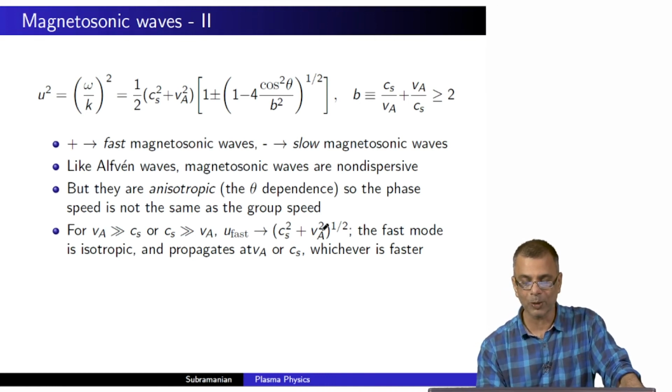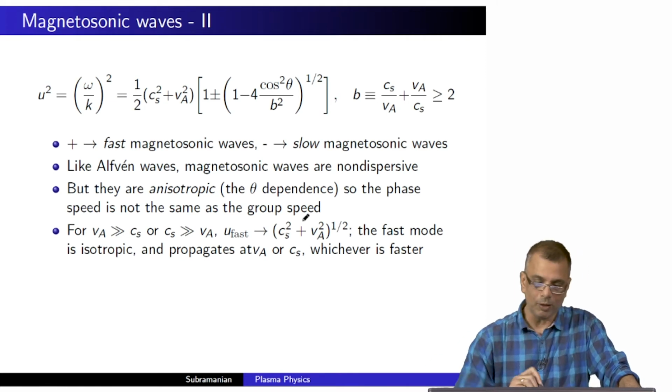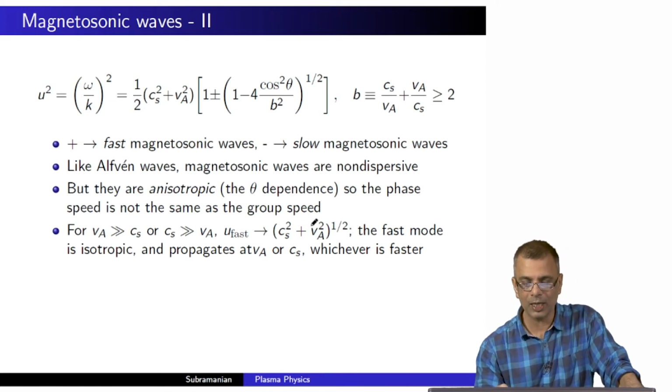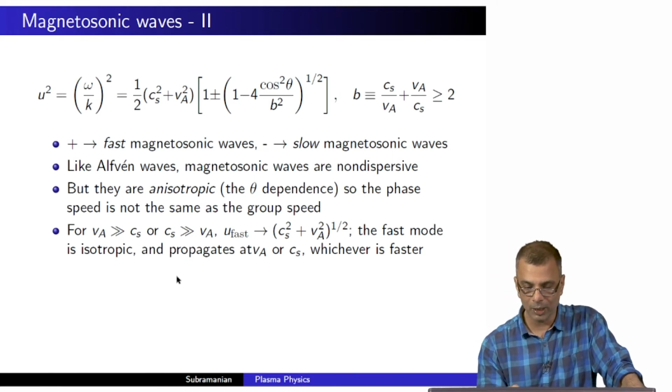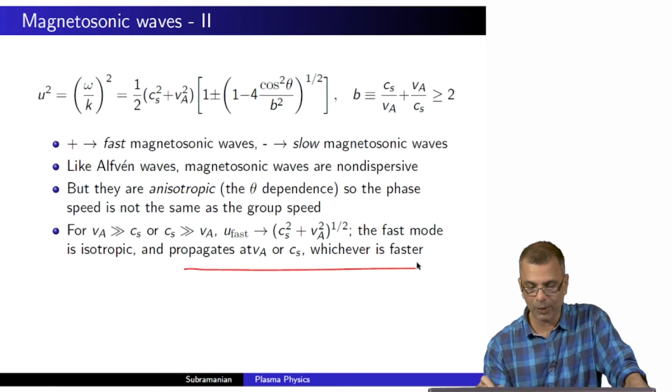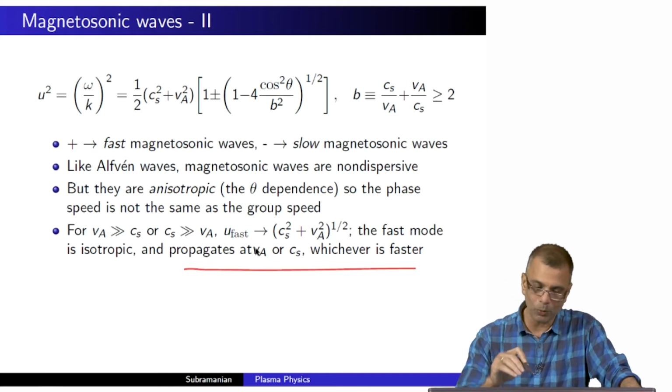Suppose CS is much larger than VA, in which case VA squared is negligible, and so the fast magnetosonic speed is simply the sound speed. If the reverse is true, if VA is much larger than CS, in that case CS is negligible, and so the velocity of propagation of the fast magnetosonic wave is simply the Alfvén speed. So that's what I mean by this statement. It propagates at VA or CS, whichever is faster.